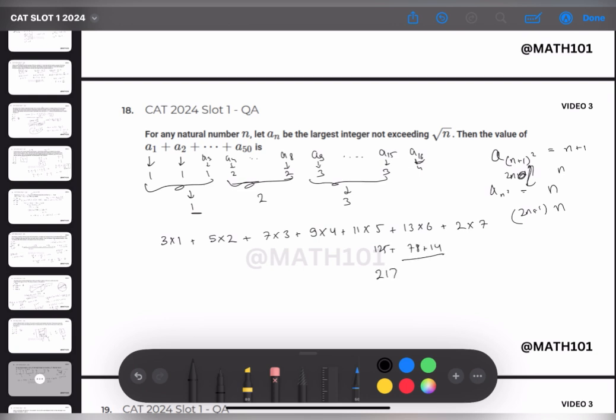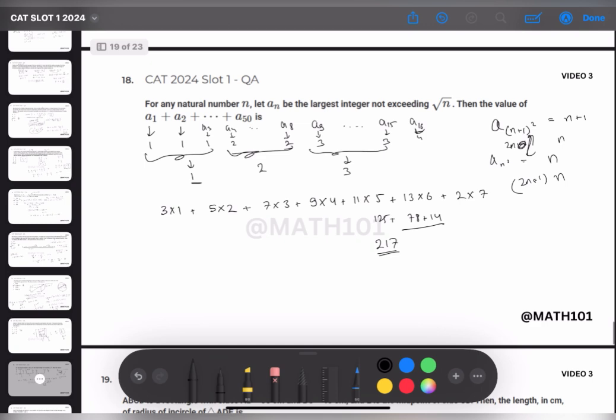So 217 is our answer. There was some calculation involved, but this question is straightforward too.